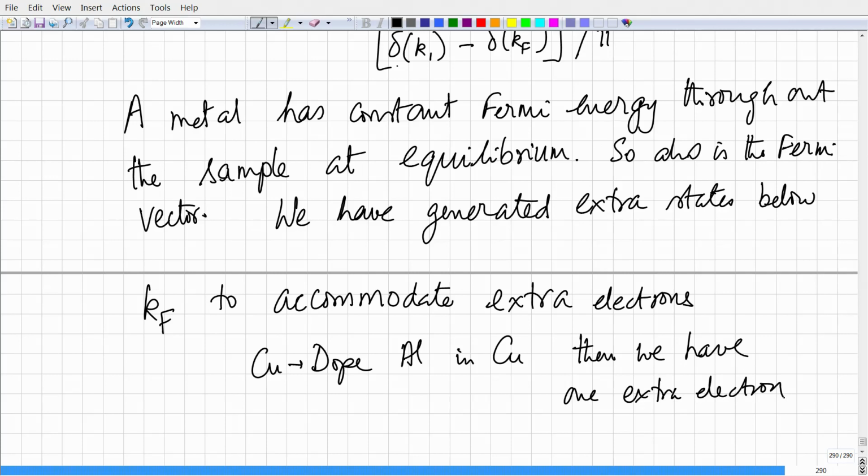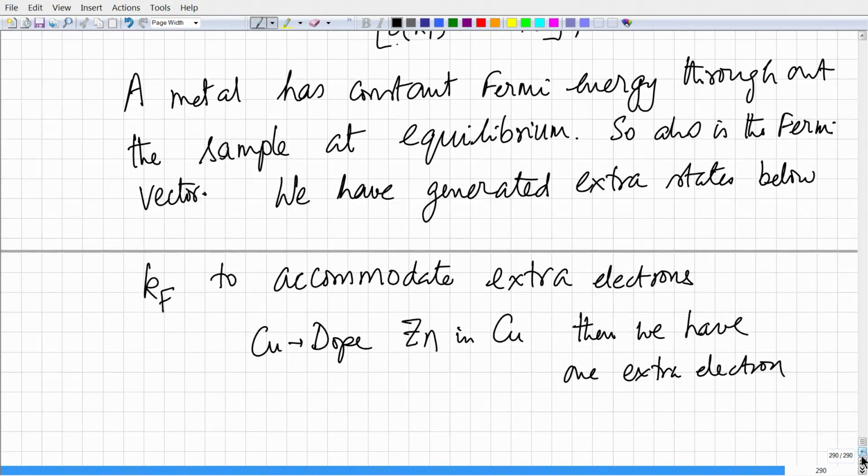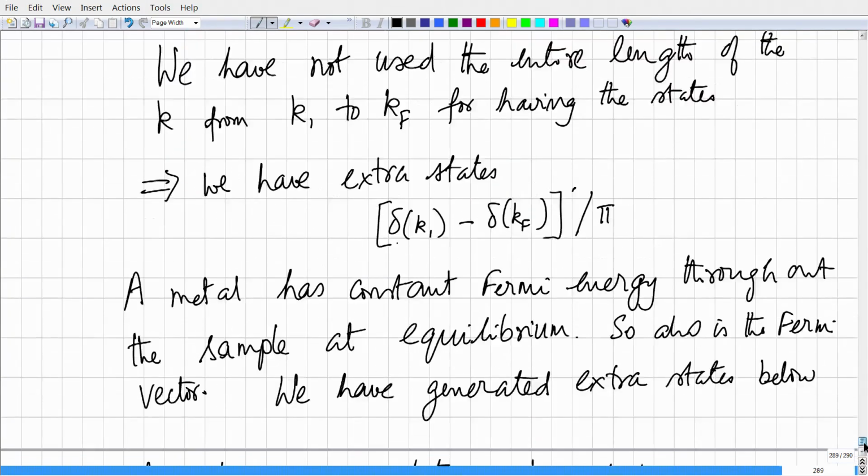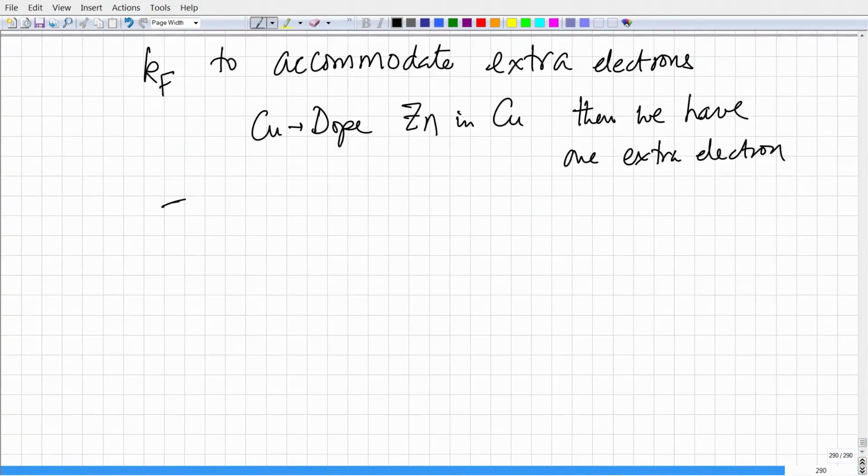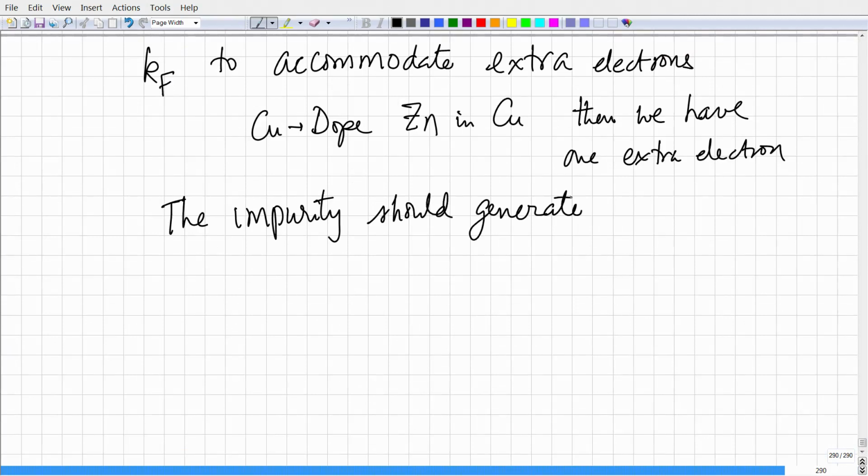So if we have one extra electron, then the impurity should generate an extra state to accommodate that.